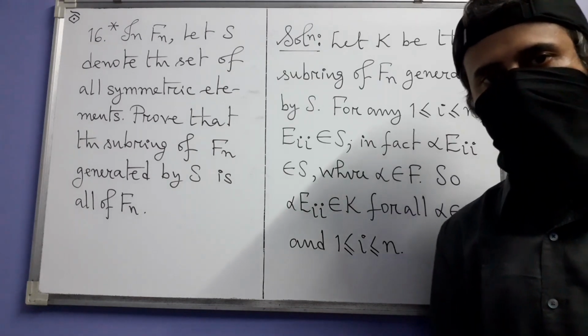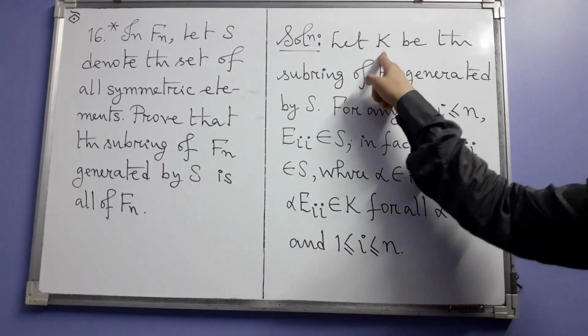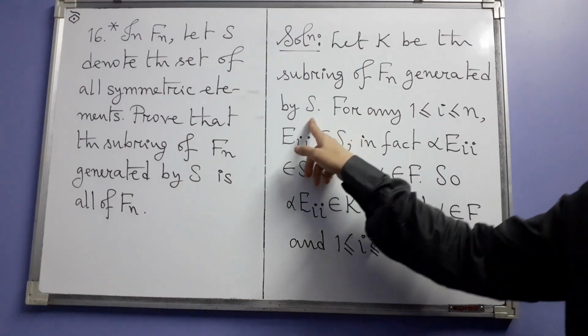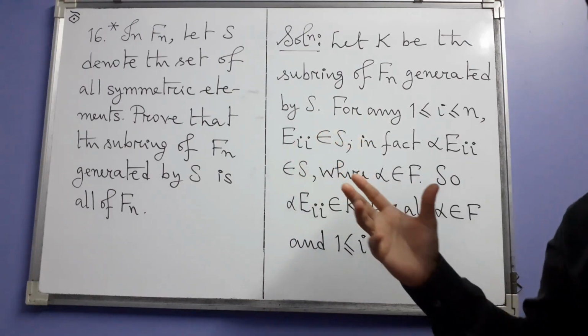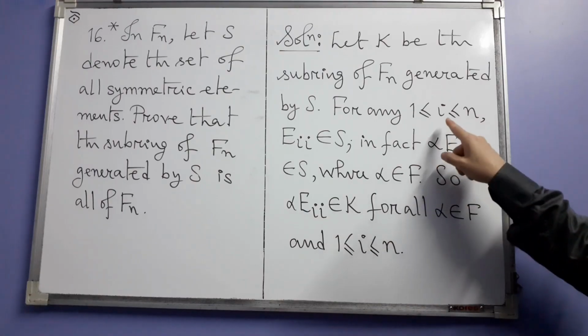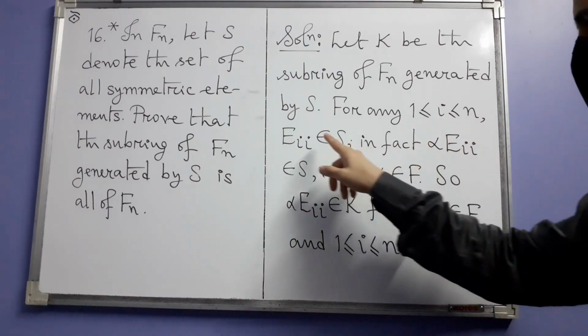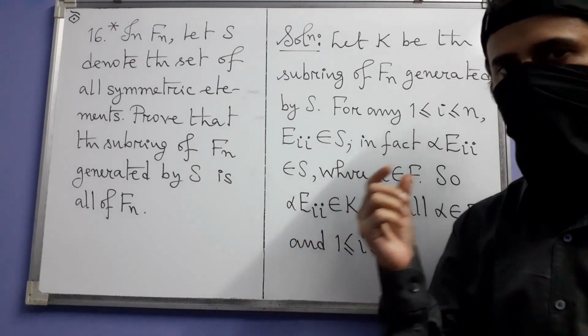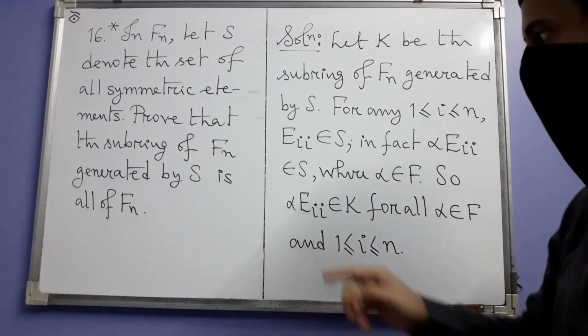We start the solution by naming the subring something, say K. Let K be the subring of Fn generated by S. Now the first observation about this K is this. For any index I, let us consider the matrix EII. Do you recall what this EII is?